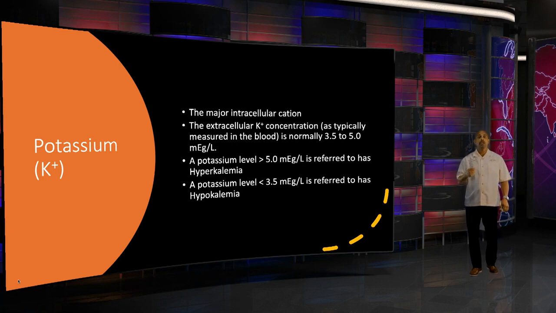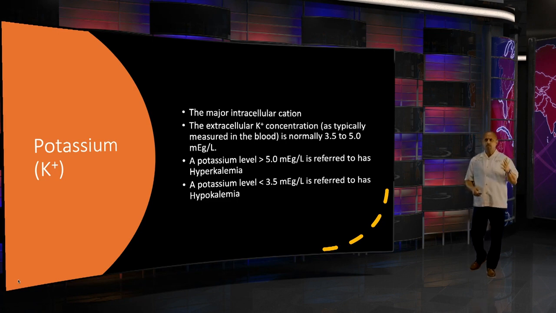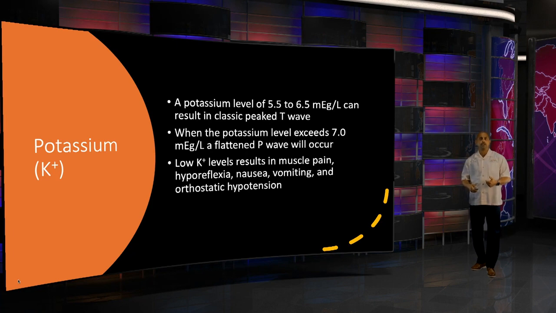So sometimes we'll give a loop diuretic. Don't worry too much about what that means today because we're going to talk about urology. But a loop diuretic is a very potent, very strong diuretic that causes diuresis, that causes the fluid to just get rid of it. So the body's going to get rid of not only fluid, but potassium. And that's how we're going to balance that. Okay? So we're going to talk more about that when we get into urology.